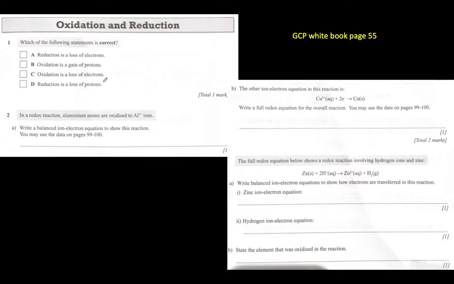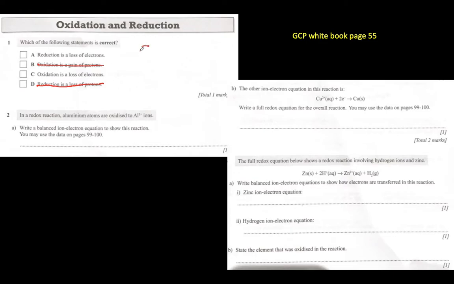So first of all, you can eliminate B and you can eliminate D. The reason for this is oxidation and reduction is all to do with the loss and gain of electrons. That leaves you with A, reduction is a loss of electrons, and C, oxidation is a loss of electrons.